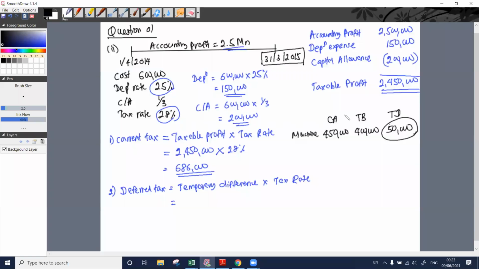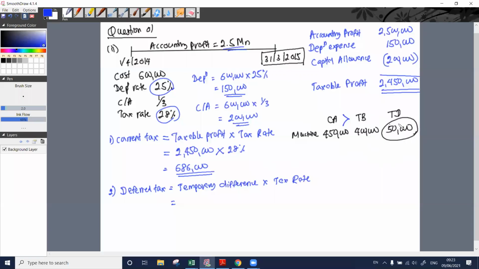Here carrying amount is greater than tax base. If carrying amount is greater than tax base, then we say this temporary difference is a taxable temporary difference. So it means we need to recognize an expense with respect to this temporary difference as deferred tax.